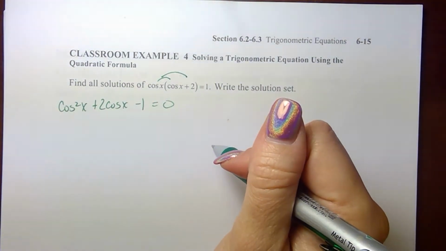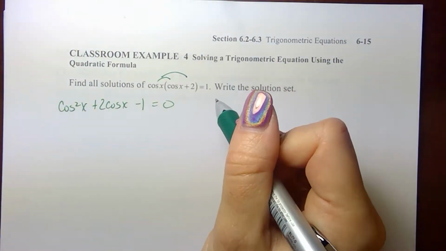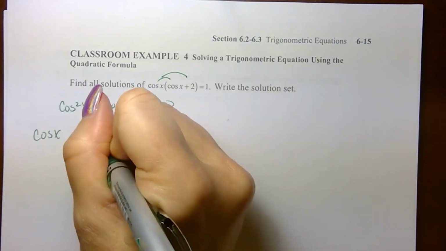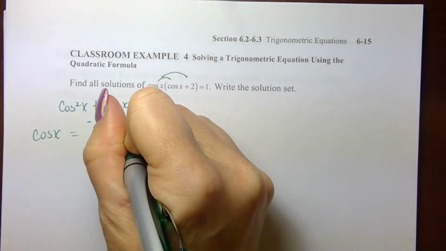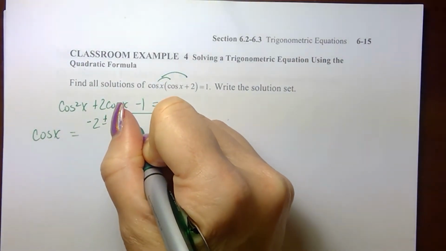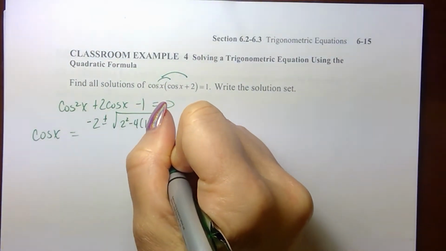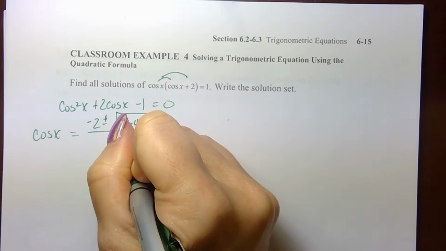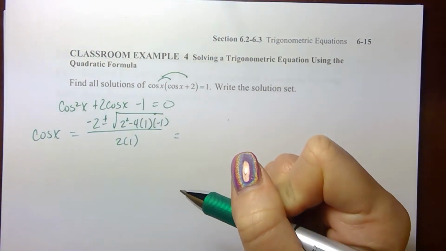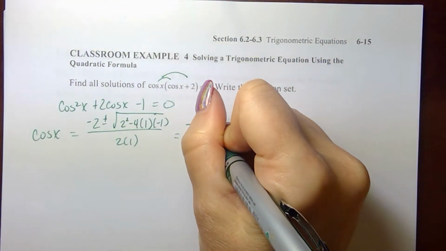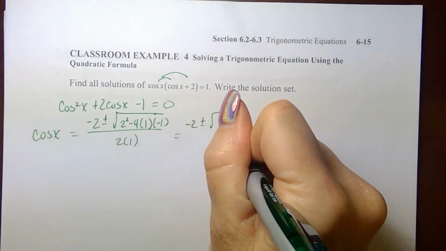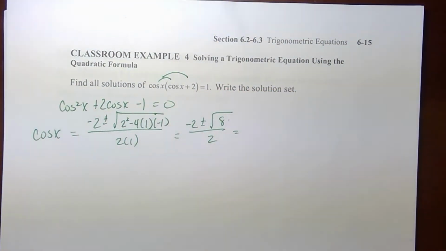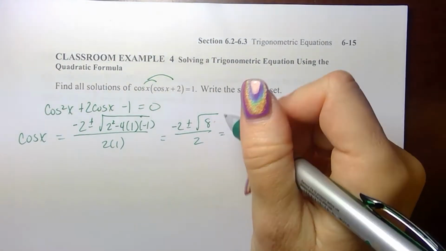So we're going to use the quadratic formula to solve for cosine x, where I have negative b, so that's negative 2 plus or minus the square root of b squared minus 4 times a times c all over 2a. That gives me negative 2 plus or minus the square root of 4 plus 4 is 8 over 2, and sure enough, I have two irrational solutions.